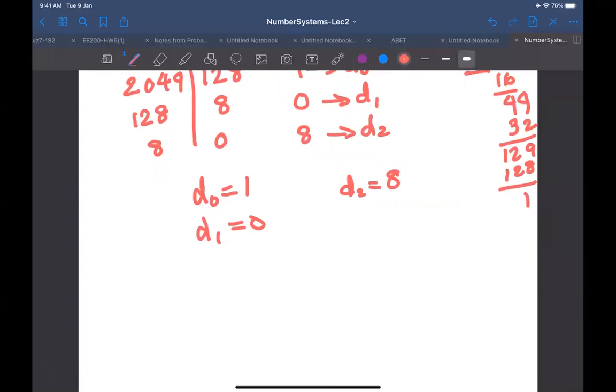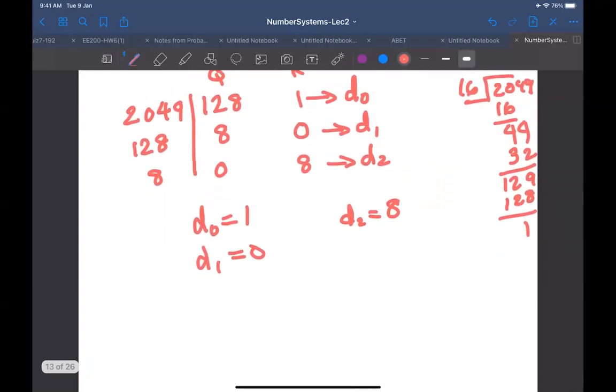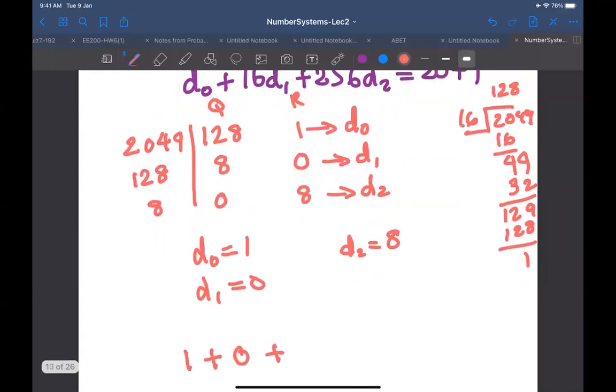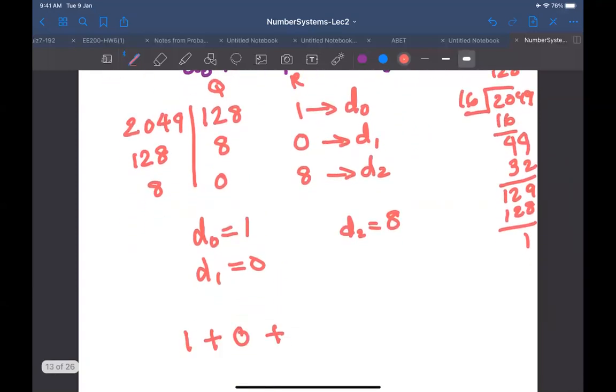So we have D0, which is 1, plus 0, plus 256 times 8. This must be equal to 2049. Just do it yourself and you'll see that. All right. Any question?